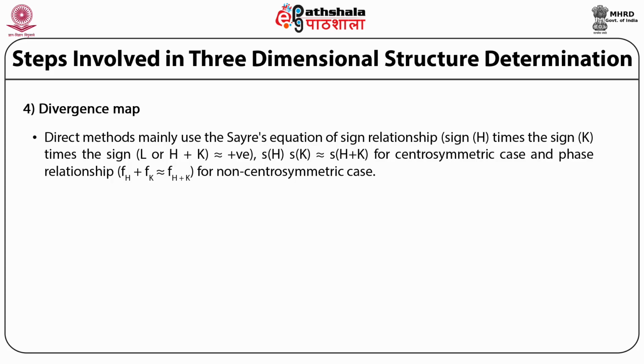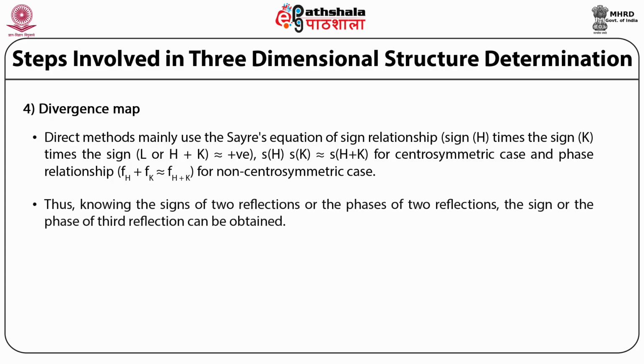Whenever these h, k, l reflections have strong E values, we can approximate the l reflection to be equal to h plus k, because they follow the relation h plus k plus l equals 0. Thus, knowing the signs of two reflections in the Sayre equation, or the phases of two reflections, the sign or the phase of the third reflection can be obtained.